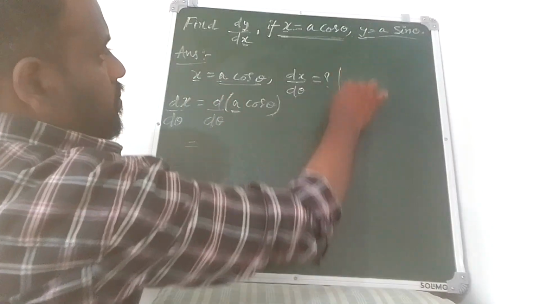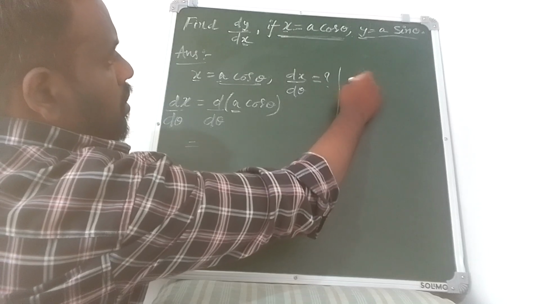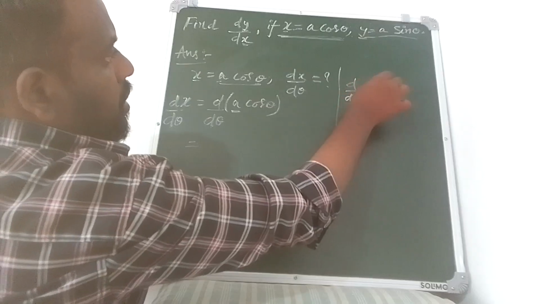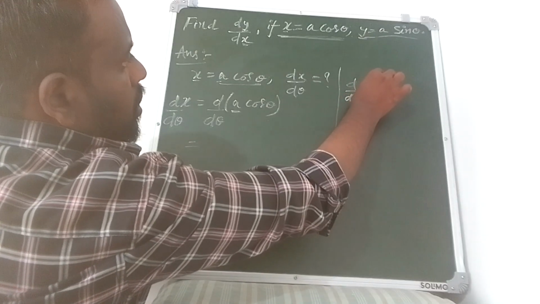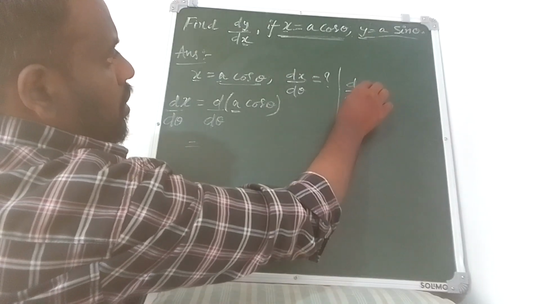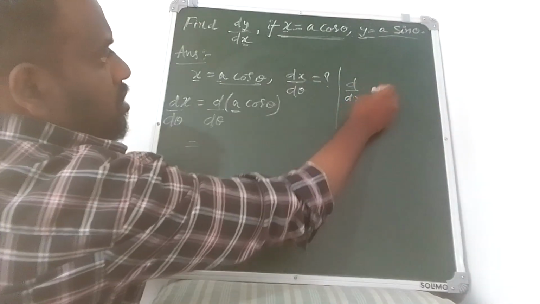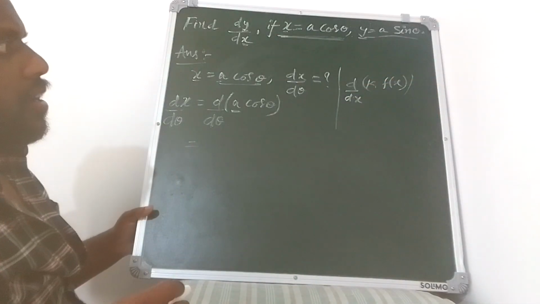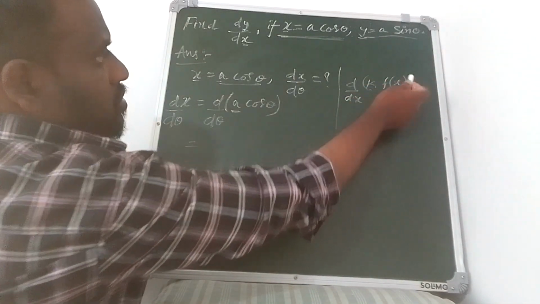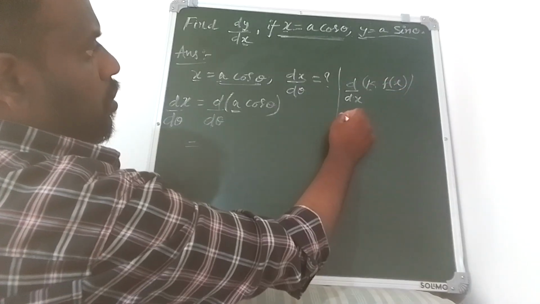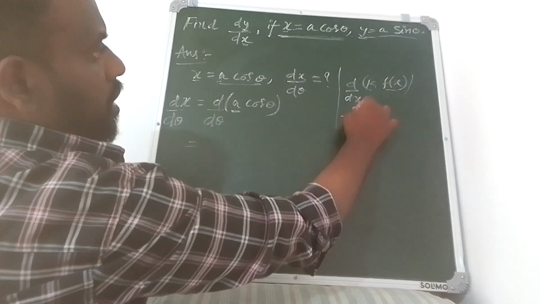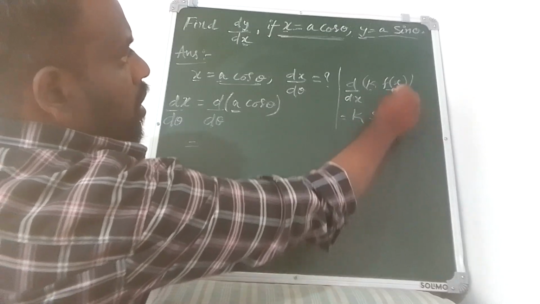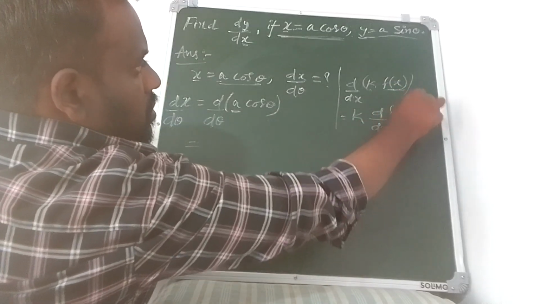We have a standard formula like d by dx of constant into function. Okay, k is constant, f of x is function. In this case this is equal to, we can take this k outside, k into d by dx of this function f of x.